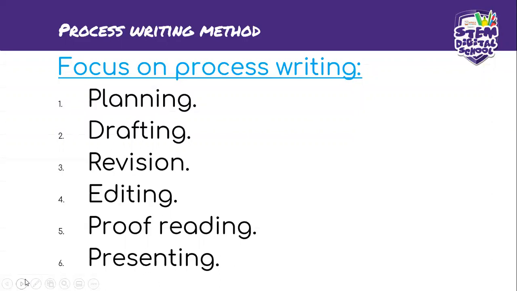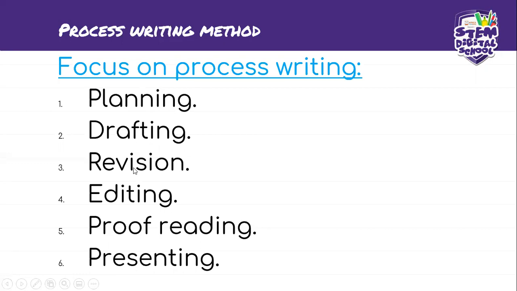Remember what I said when we started. I said that writing is a skill, and again, writing is a process. Since it is a process, you have to do it one step at a time, and each step will build on what you did before. As you can see from all these steps, the first one is to plan. After you've planned, you are going to draft based on your planning.